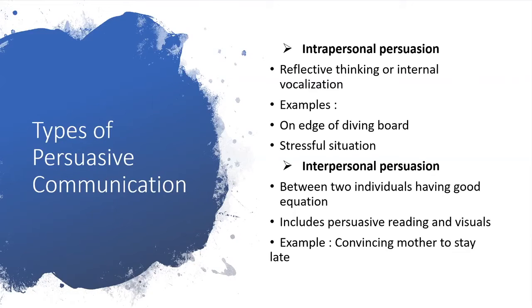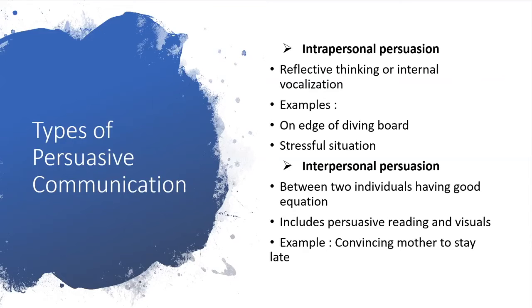For example, if we are standing on the edge of a diving board, we are persuading ourselves to jump from it. It is like talking to ourselves or reflecting inside so that we can do a particular thing.